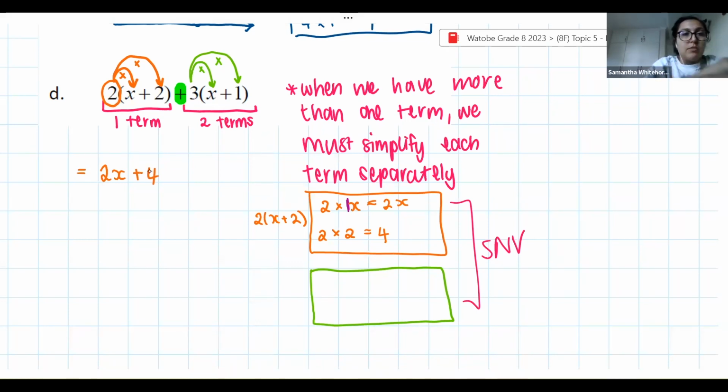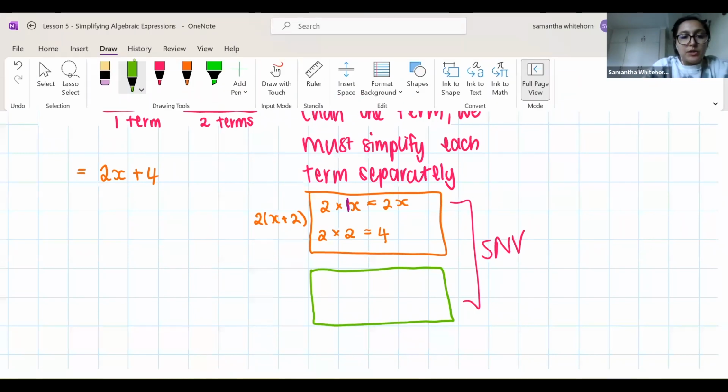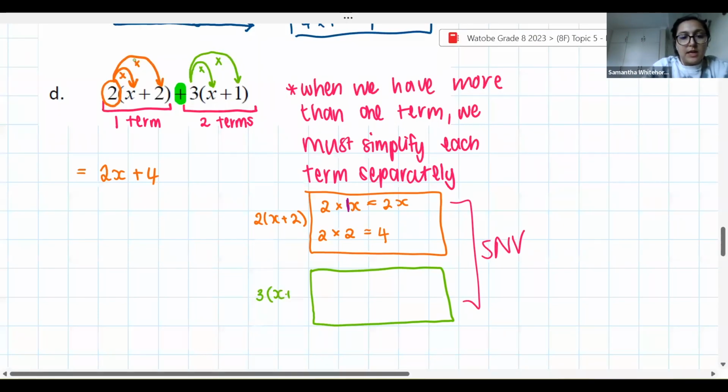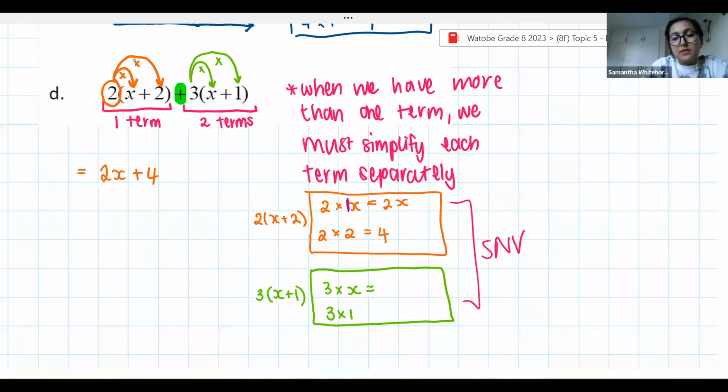Then when I multiply my second bracket, which was positive 3 times x plus 1, I've got 3 times x, and I've got 3 times positive 1. Positive times positive is a positive. 3 times, and remember there's a coefficient of 1, so 3 times 1 is 3, and then I've got my x.